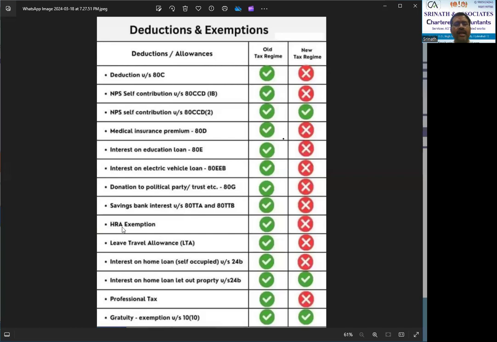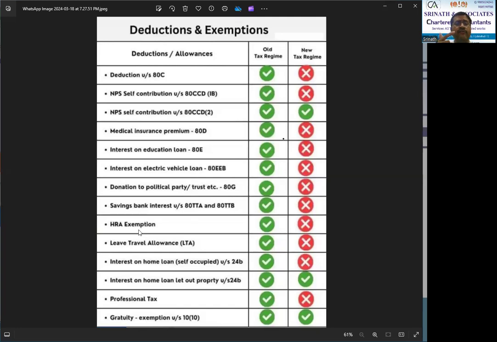In the same way, take HRA exemption, a very important exemption for salaried employees as well as for students. HRA exemption is usually covered under section 10 subsection 13A of the Income Tax Act. Now this HRA exemption will be available only if you are opting for the old scheme, not under the new scheme.